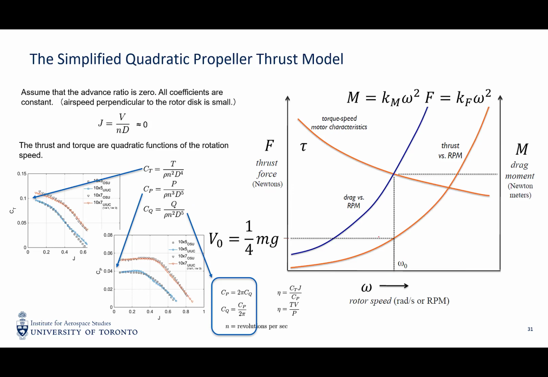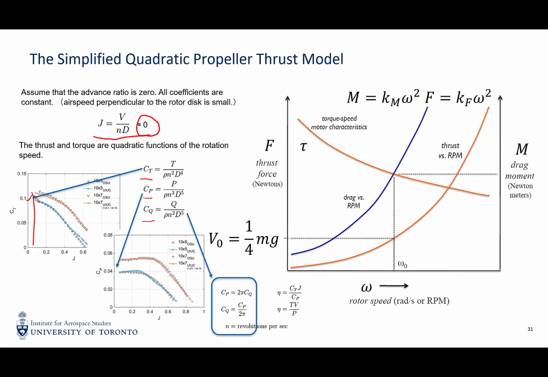So that is a high fidelity way to model the thrust. And for quadrotors, you can simplify this process by assuming that the forward velocity is just 0, because usually a quadrotor flies horizontally or just hovers. So the forward velocity is very small compared with the rotating speed. So if we say J is approximately 0, then CT, CP, and CQ are all constants, because we can just use the first value from the chart.